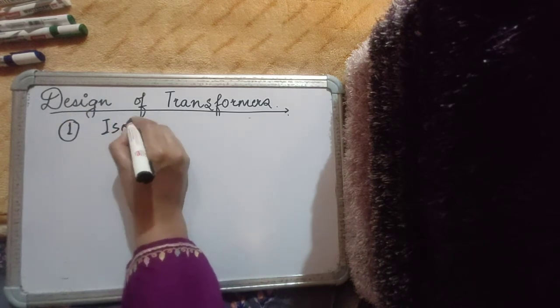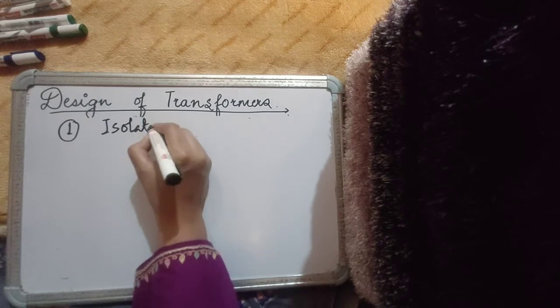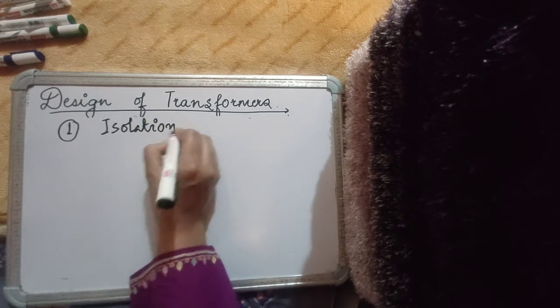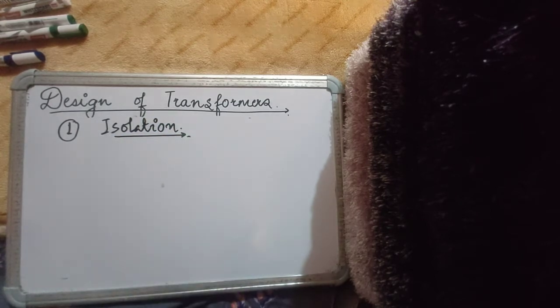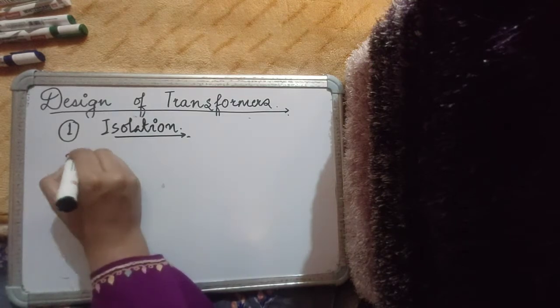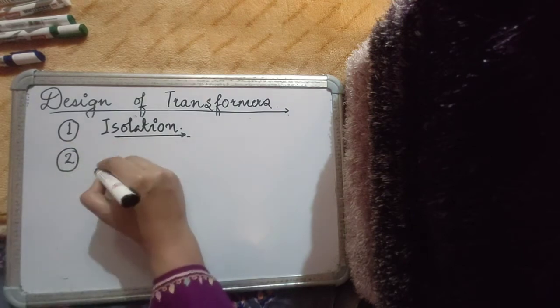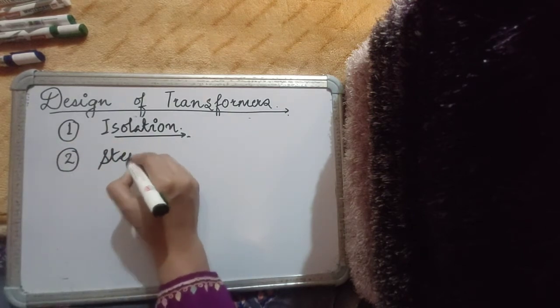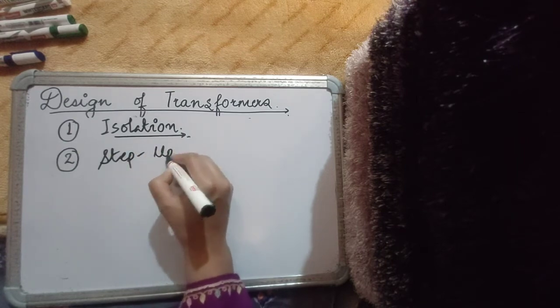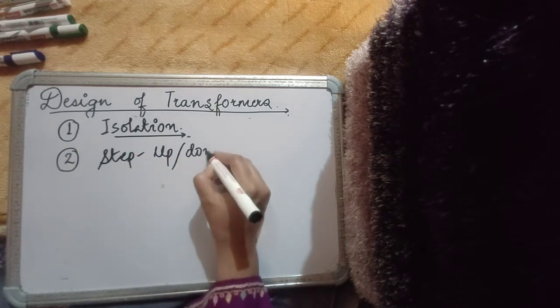So the two circuits, the primary and the secondary circuit, are electrically isolated. However, they are magnetically coupled, or you can say that they deal with the same magnetic flux. And the second goal of designing transformers is to step up voltage or to step down voltage from the primary to the secondary.